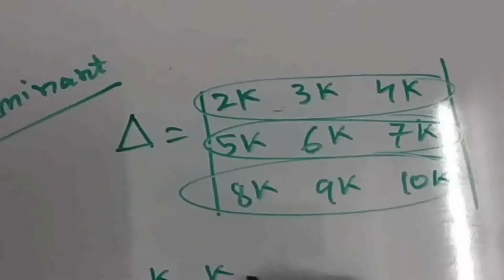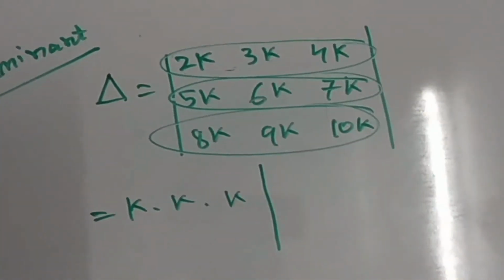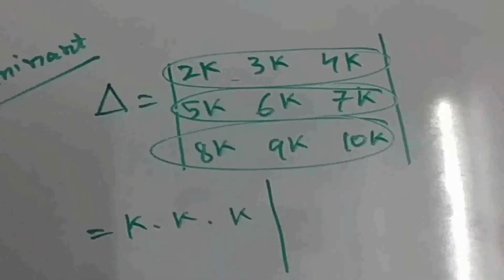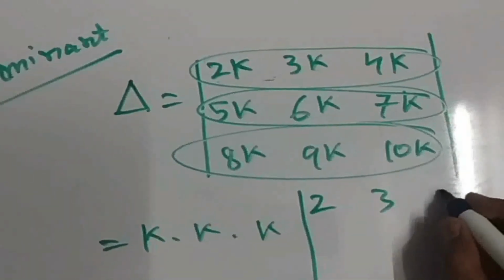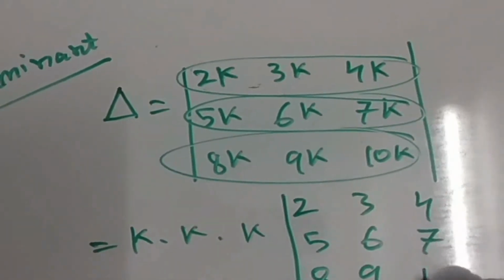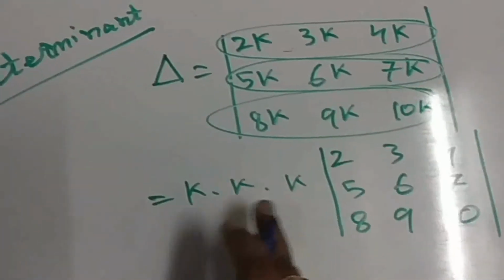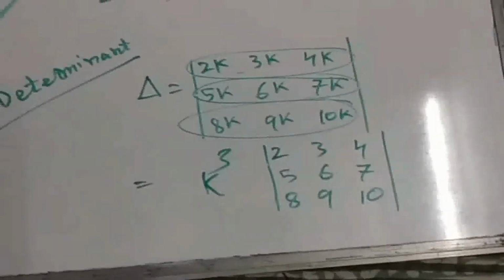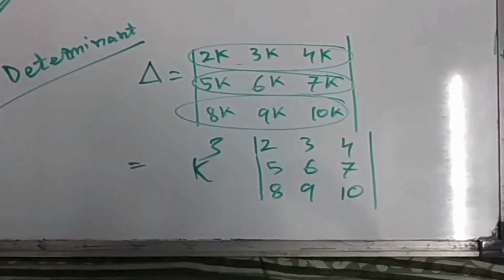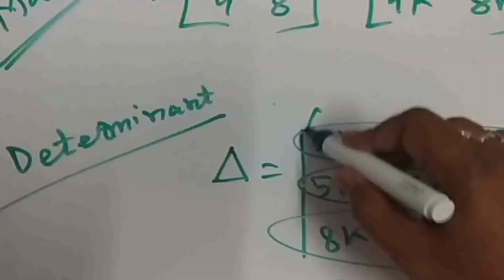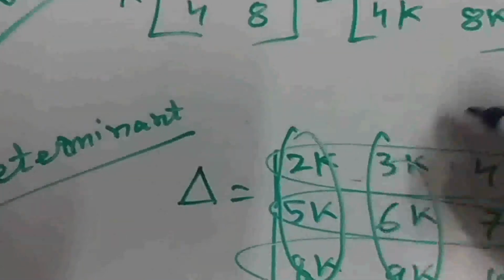Now only numbers are left. Here k into k into k means it is k cube. This thing you have to remember. For a 3 into 3 matrix, if you are taking common from all rows, it will be k cube, and you can take common from all columns, from the first column, second column, third column, the thing will be the same, k cube only.